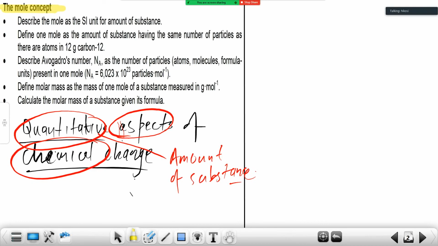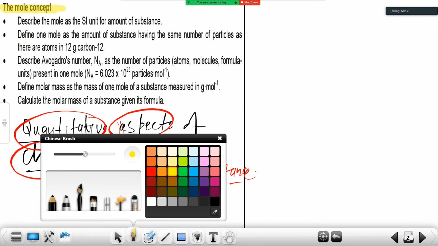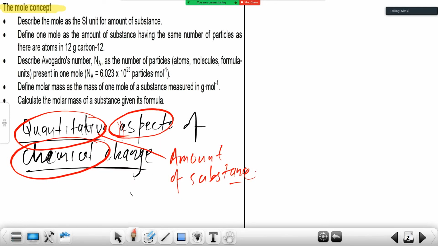So the mole concept is what governs the quantitative aspects of chemical change. We will consider it as our base, our foundation of everything that we are going to do. So the mole concept is the base of quantitative aspects.